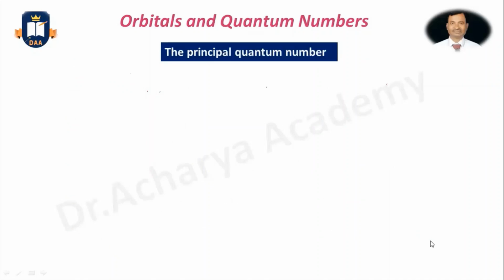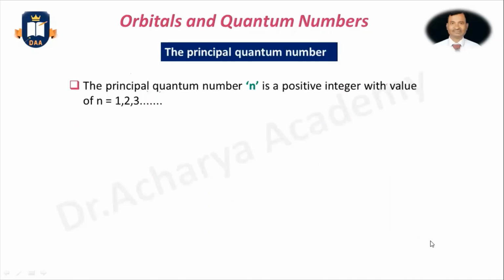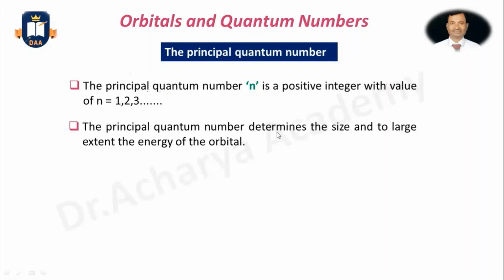So the principal quantum number n is a positive integer with values 1, 2, 3 in increasing order. The principal quantum number determines the size.